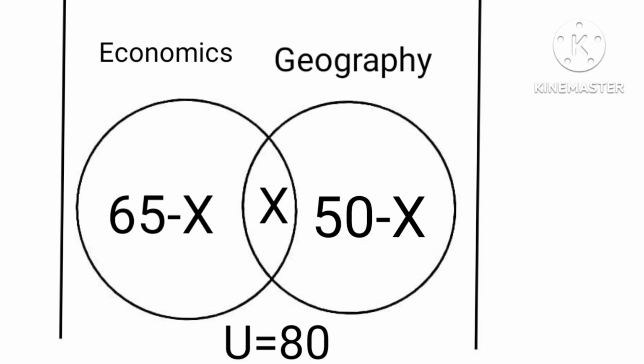The solution to the assignment given. So that is the answer. You add everything together. You do 80 equals 65 minus x plus 50 minus x, and you make x the subject of the formula. At the end of the day, you should have your value for x to be equal to what? To be equal to 35.